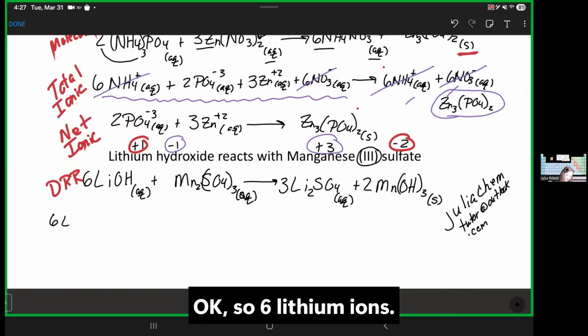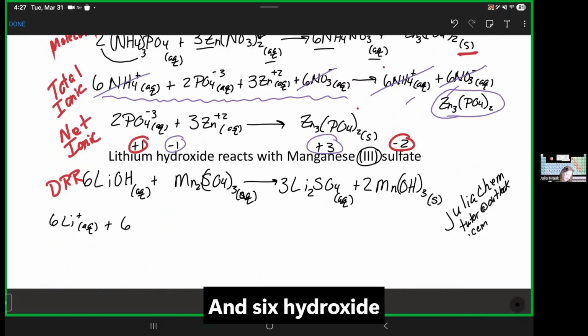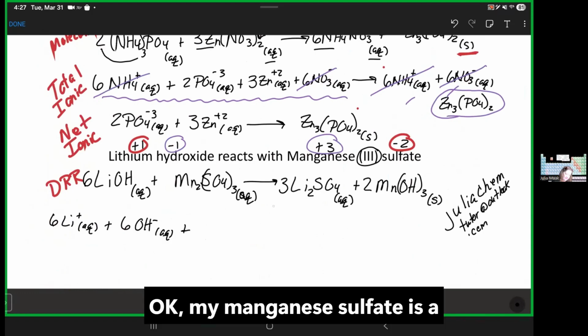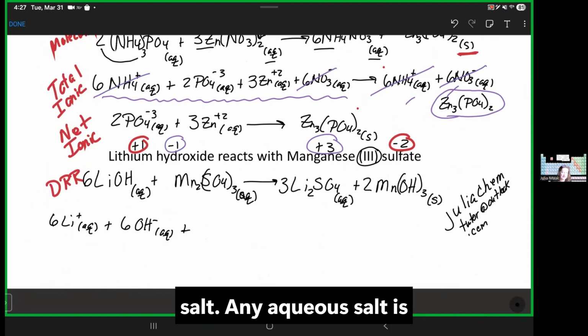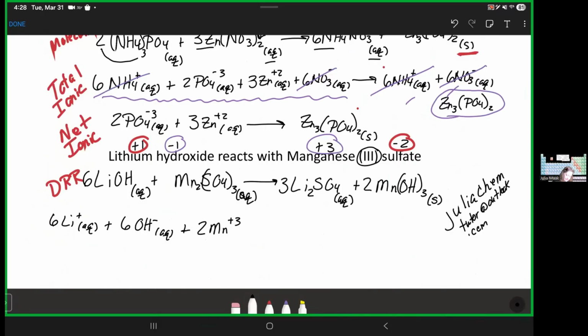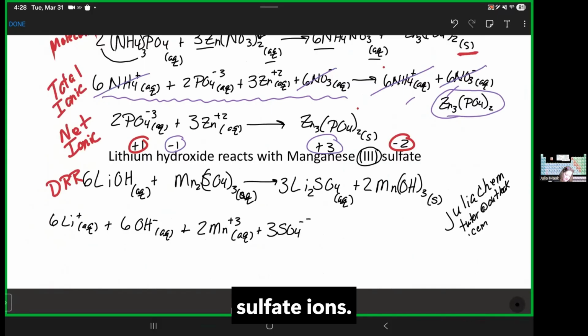So 6 lithium ions and 6 hydroxide ions. My manganese sulfate is a salt, and any aqueous salt is strong. So I have 2 manganese ions and 3 sulfate ions.